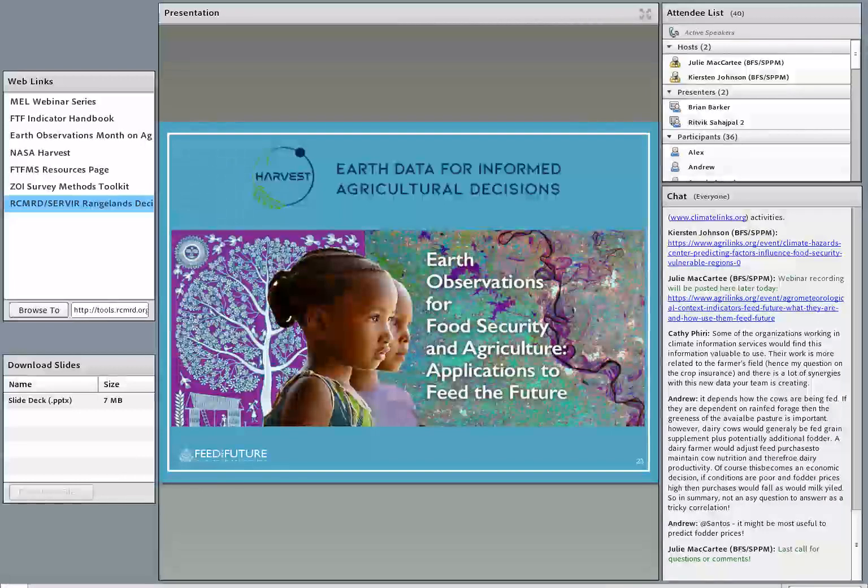However, dairy cows would generally be fed grain supplement plus potentially additional fodder. So a dairy farmer would adjust the feed purchases to maintain cow nutrition and therefore dairy productivity. And then, of course, this becomes an economic decision. If conditions are poor and fodder prices are high, then purchases would fall, as would milk yield. In summary, it's not an easy question to answer, as it's a tricky correlation, and it might be most useful to predict fodder prices.